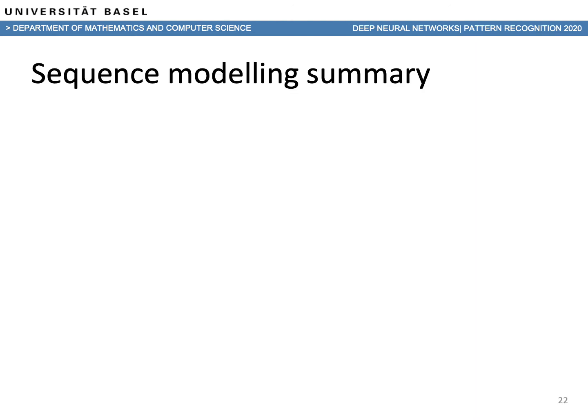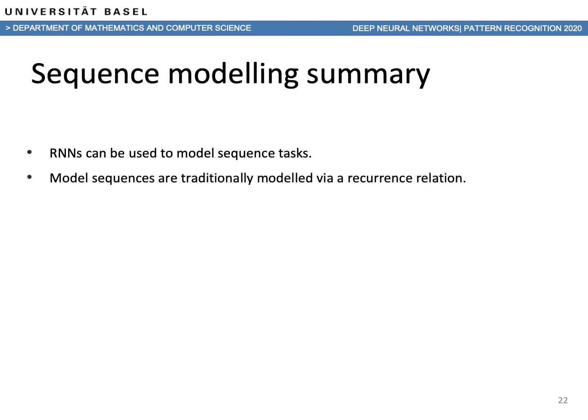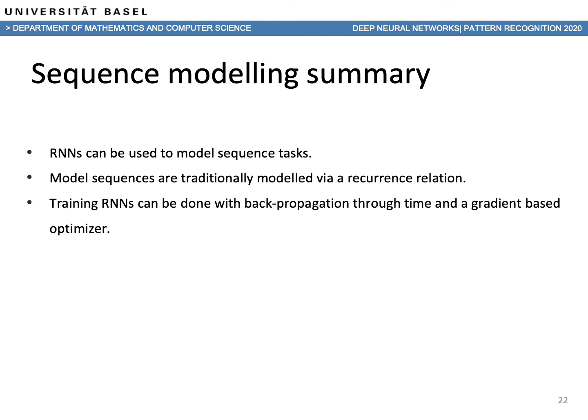So with that, we come to the end of sequence modeling, and therefore we have a small summary here. RNNs can be used to model sequential tasks, and sequences are traditionally modeled via a recurrence relation. Training these recurrent neural networks can be done with backpropagation through time and a gradient-based optimizer.